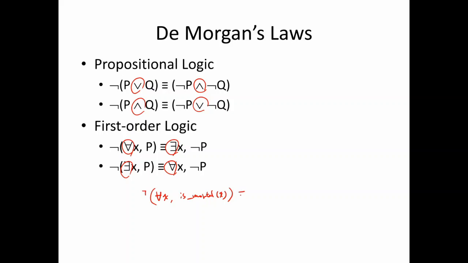This is not the same as for every x, it's not mortal, but rather this is saying there exists some x that is not mortal. If you think about how you disprove a statement, all you need is one example.